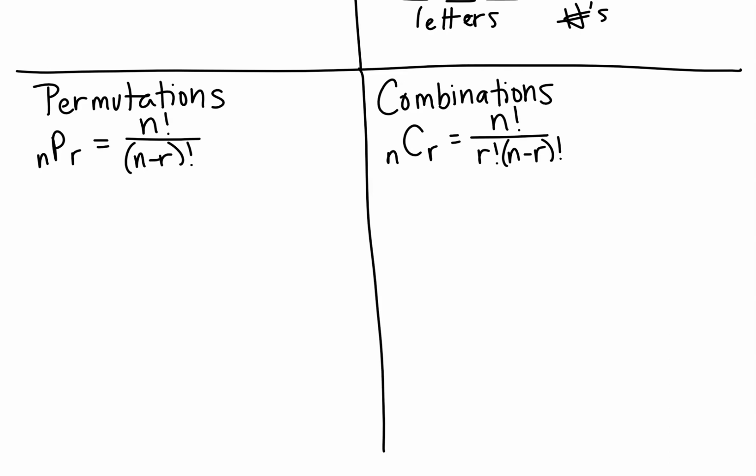What button do you hit on your calculator to get to where it will do this for us? The math button. So it might be a good idea to write down. You use the math button and then you arrow over to what? Probability. And then you select it from there. Permutations.